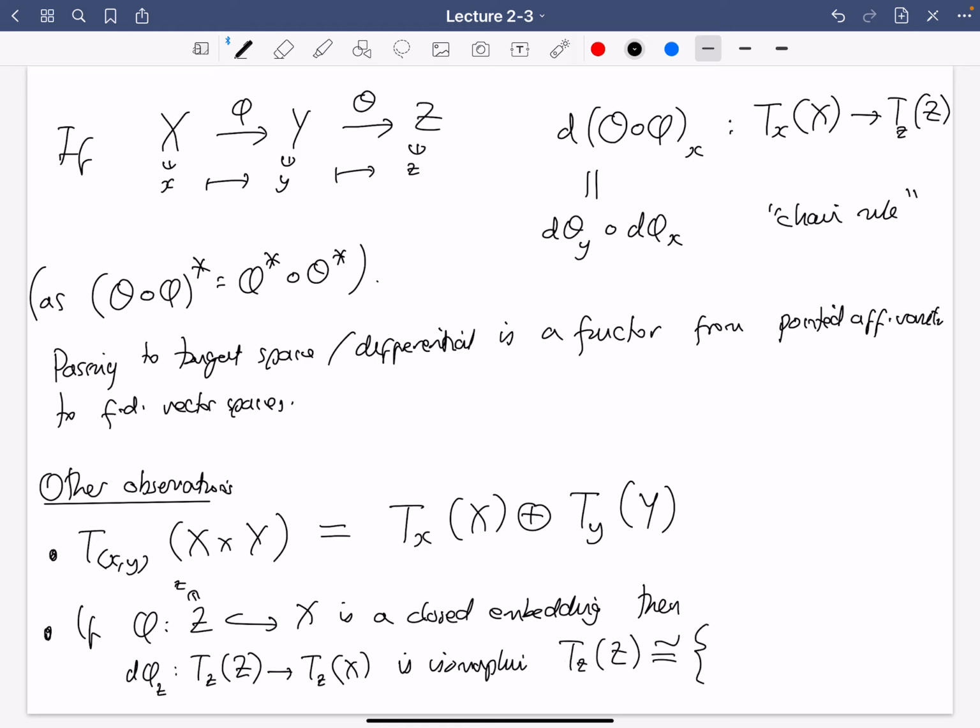And the image of this differential is exactly all the elements of the tangent space of x which kill the ideal of z.